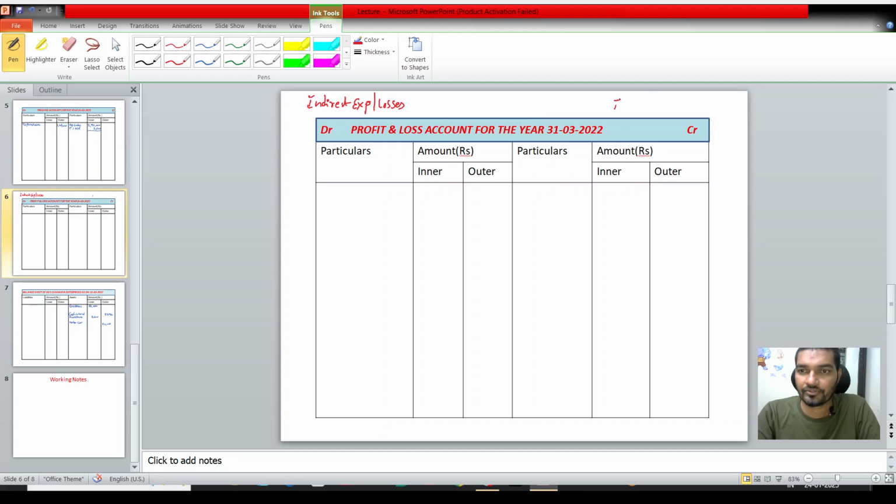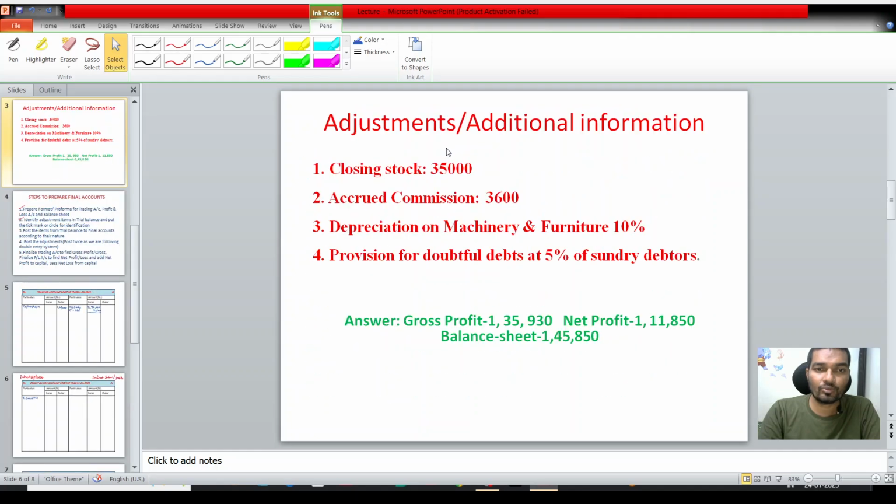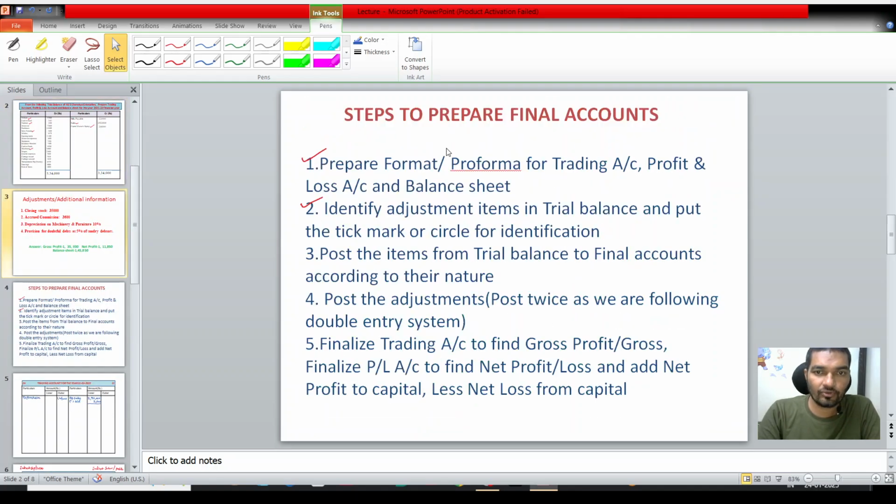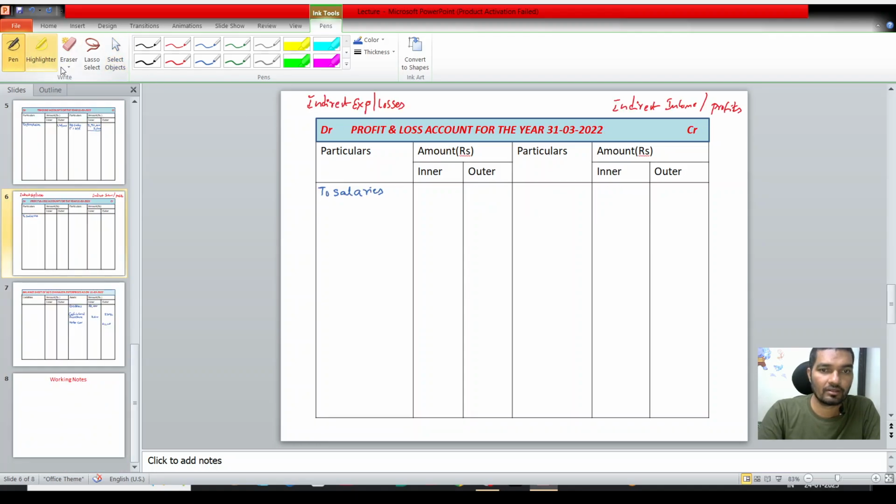And indirect incomes, other than trade, indirect incomes, profits will be shown credit side. So salary is the indirect expenses. To salaries, because the amount is given debit side, if amount is given debit side, it is a paid. So salaries amount 8,420. Directly we can show outer column.